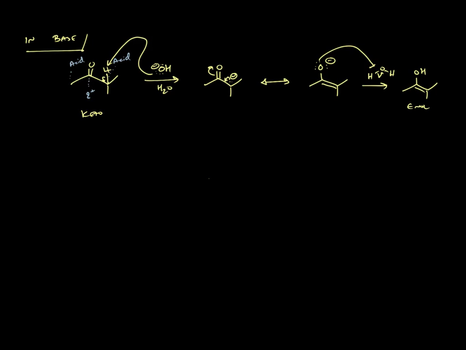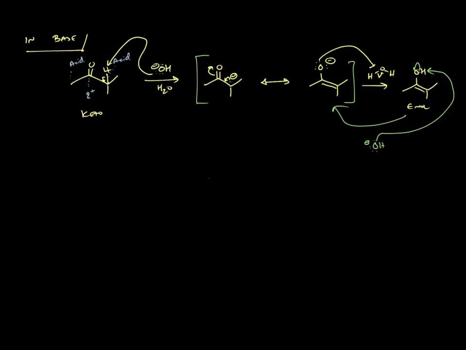So let's do the exact same thing in reverse. What happens if I start with my enol and I add in some hydroxide? Can grab that hydrogen off of the enol, which would then give me that O-. Well, resonance goes in both directions, so I could then end up with that C-.